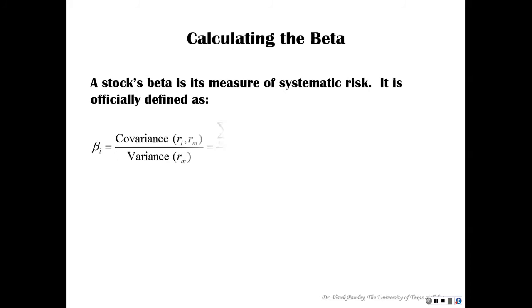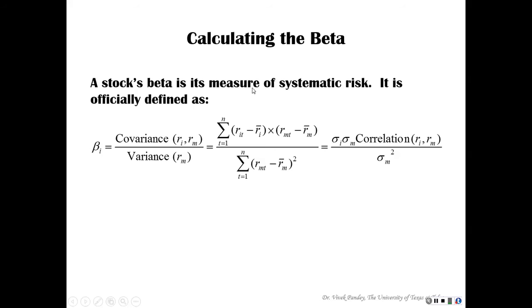So a beta is actually defined as the covariance between the return of the stock, or in this case the whatchamacallit mutual fund, or the asset, and the return of the market portfolio, divided by the variance of the market portfolio, right? That's the official definition of beta.